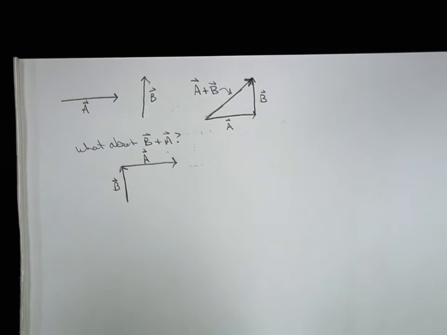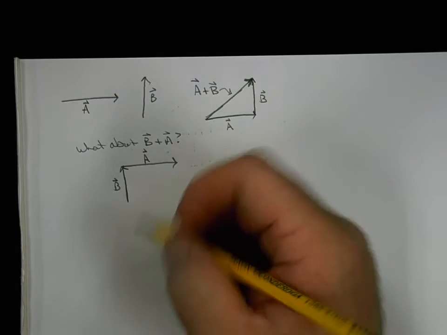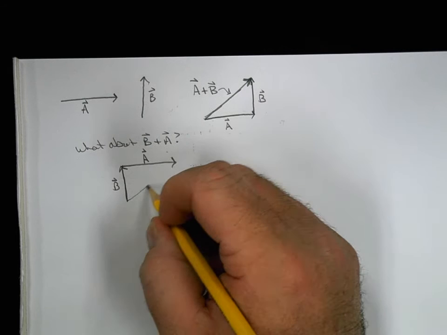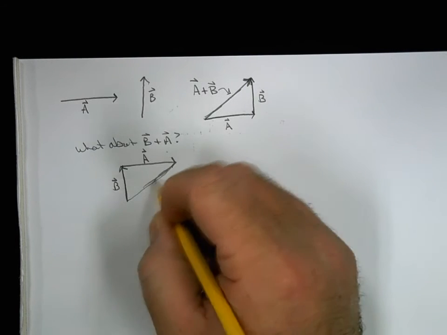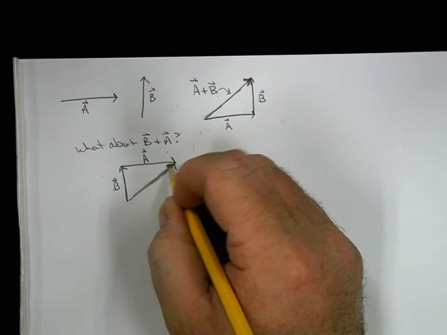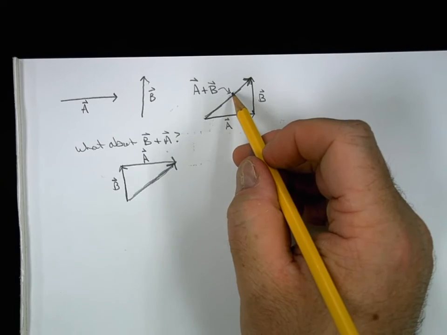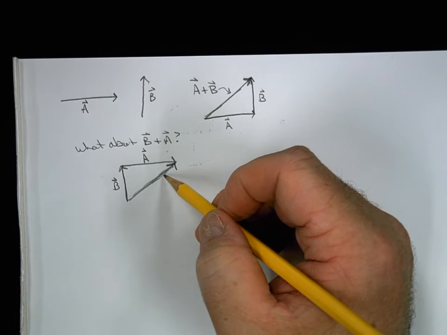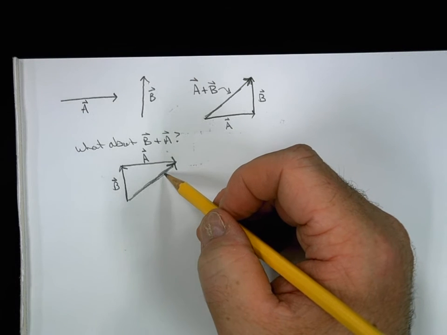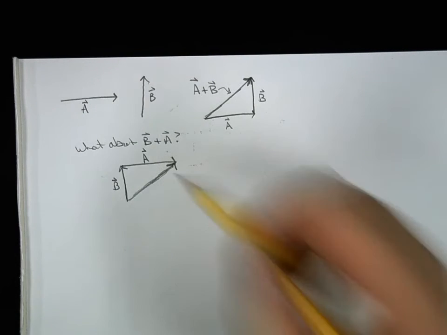And there's B plus A, and lo and behold, we get a vector here that is very similar to that one. If I had my good drawing tools on my iPad, you would see that they actually are exactly the same.